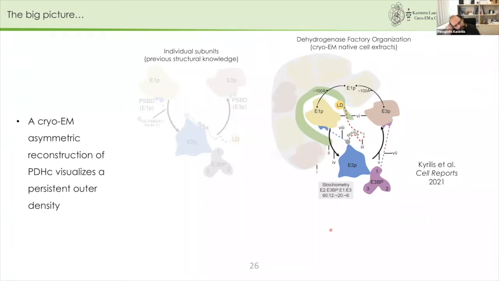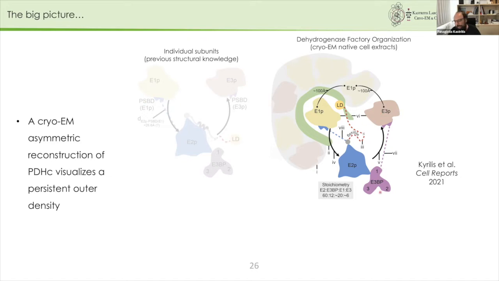And here, what is very interesting to see is that from this model, we can derive actual distances between the E1, the E2s, and the E3s of the full pyruvate oxidation reaction.